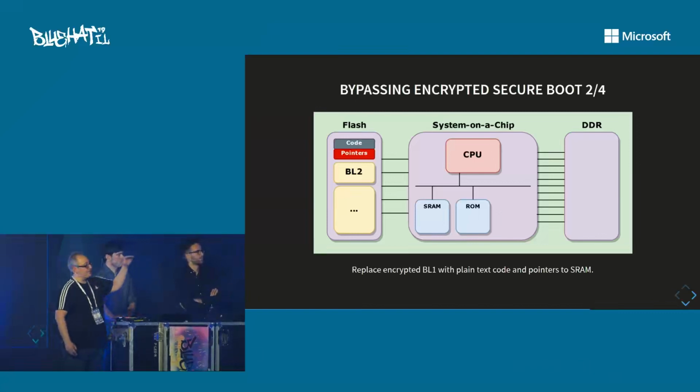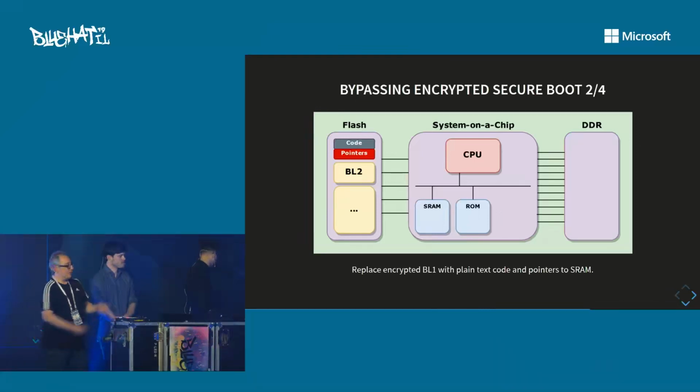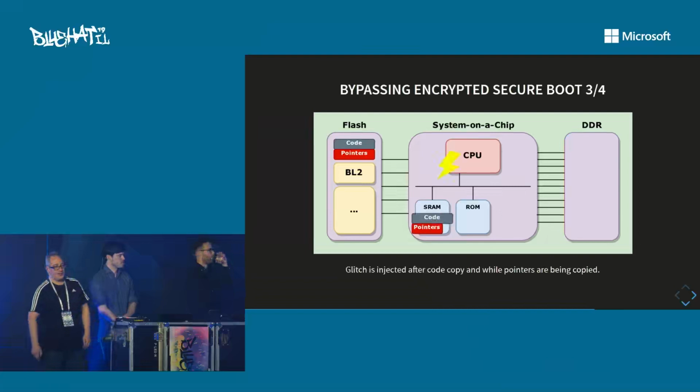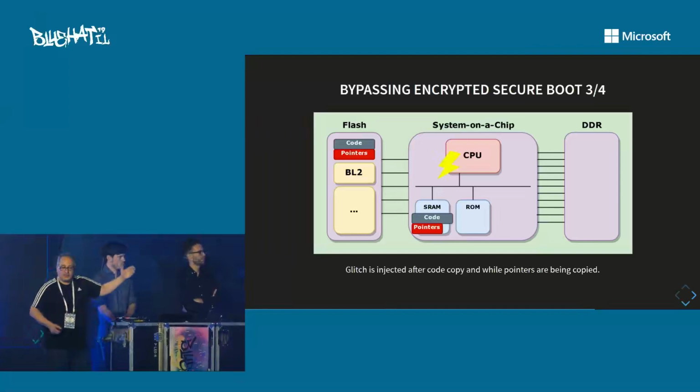What you have to do is make that sled of pointers exactly that address. So if the image is loaded into SRAM at address 0x10, for example, then your pointer should be just a sled of 0x10. And the point is that this is copied in sequence. You start from the first and go up to the end of the image.